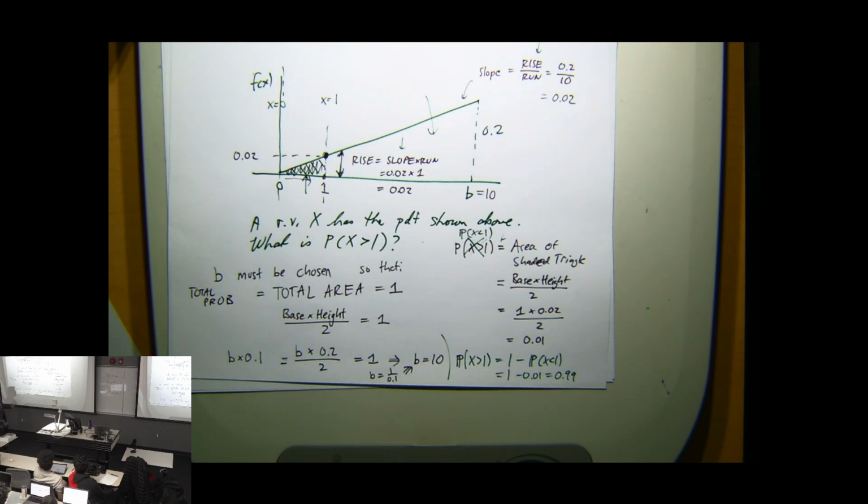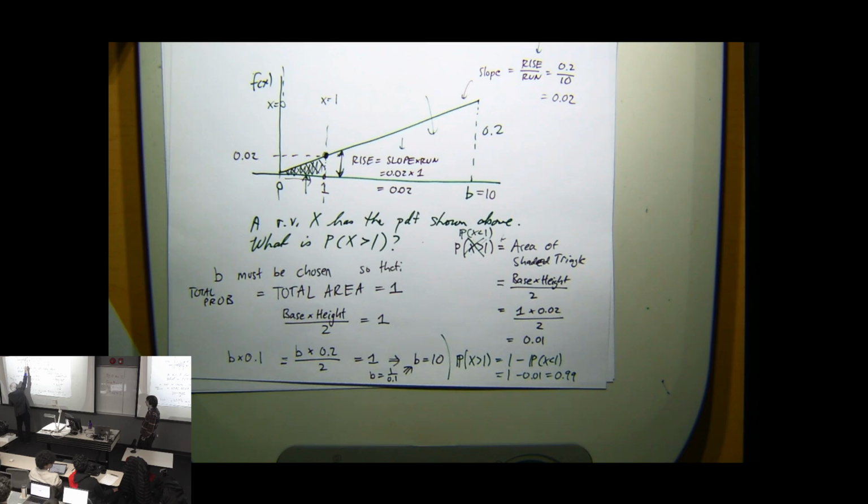Yeah, so similar triangles simply says that, you know, if this is 10 long and 0.2 high, and then this is only 1 long, and the triangle is similar to that bigger triangle, so this height has to only be 1/10 of that height, so that's where you can get 0.02.